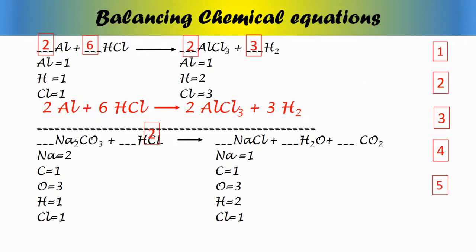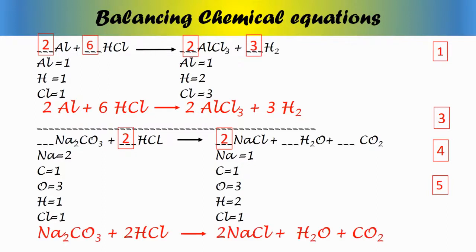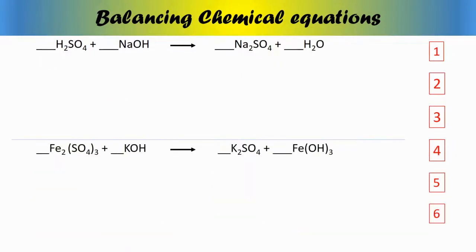And so we have sodium carbonate reacting with 2 molecules of hydrochloric acid to give you 2 molecules of sodium chloride plus water plus carbon dioxide. You may try balancing these 2 equations by yourself.